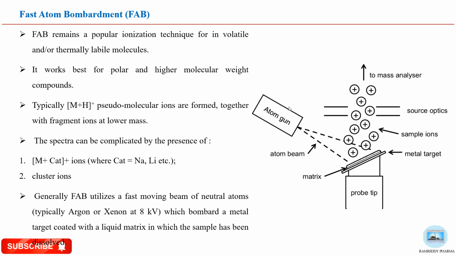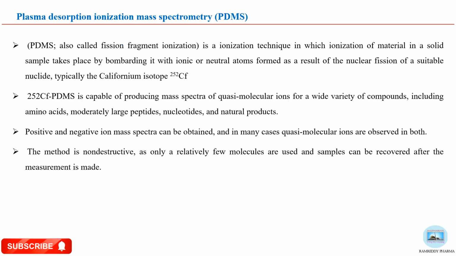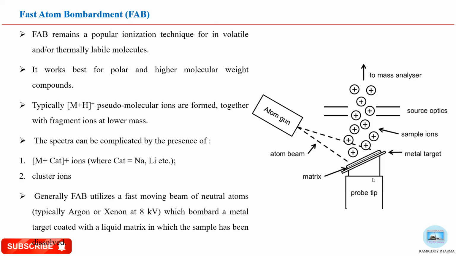Neutral atoms like xenon or argon come out of this gun at very high speed and bombard your metal target. Once the atoms strike the metal target, the energy of these atoms is transferred to the matrix containing the compound.